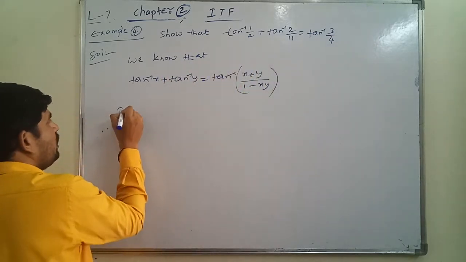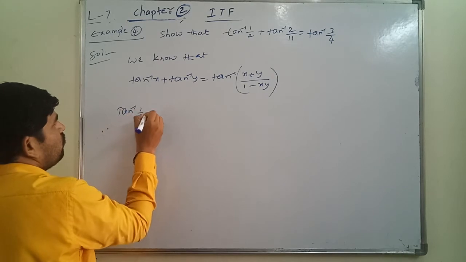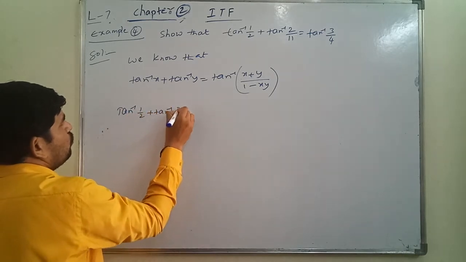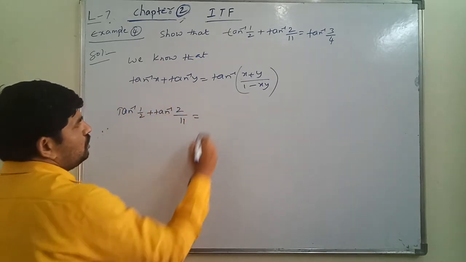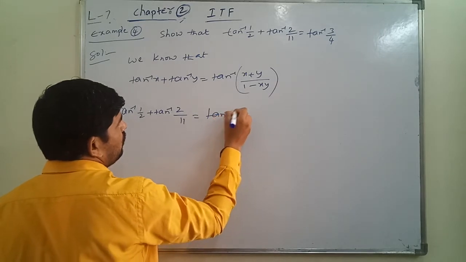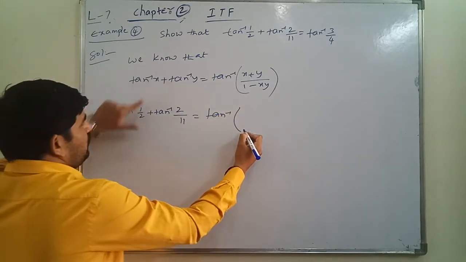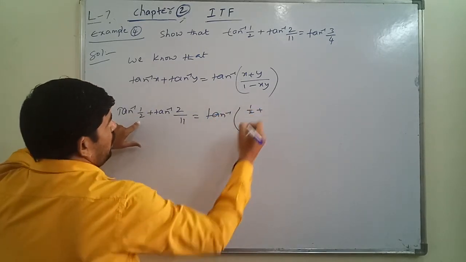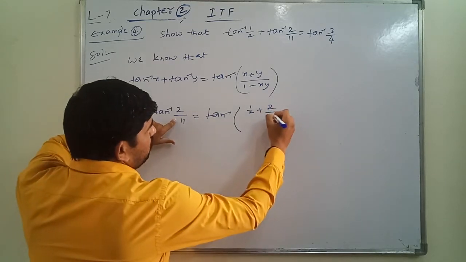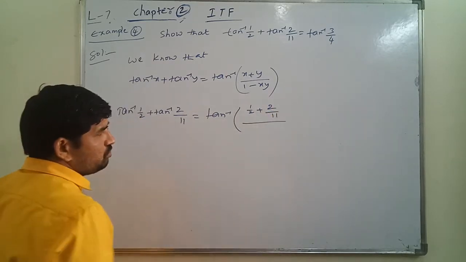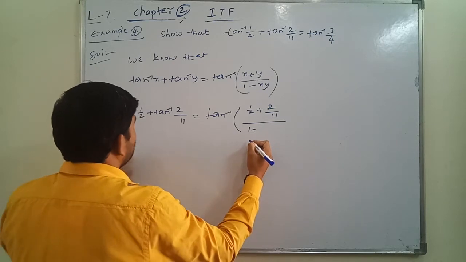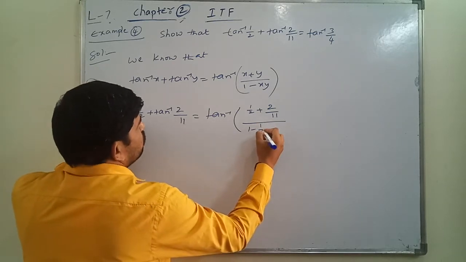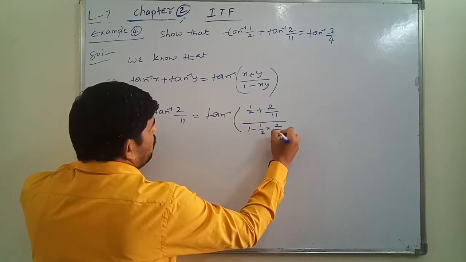So taking the LHS, tan inverse 1 by 2 plus tan inverse 2 by 11 is equal to tan inverse of, in place of x having 1 by 2 and in place of y having 2 by 11. Yes or no? So our next one is 1 minus, again x is nothing but 1 by 2 into y is nothing but 2 by 11.